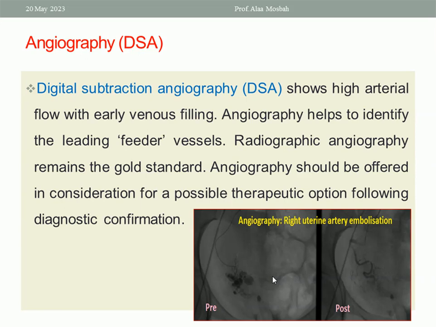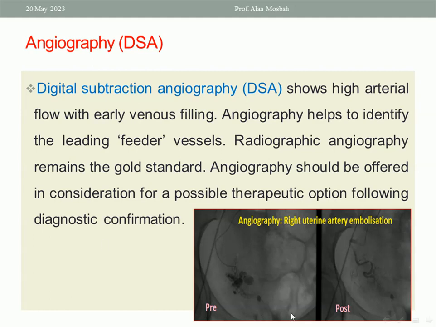What is the next imaging modality? As I mentioned before, transvaginal ultrasound, color Doppler ultrasound, MRI, and now angiography. Digital subtraction angiography shows high arterial flow with early venous filling.